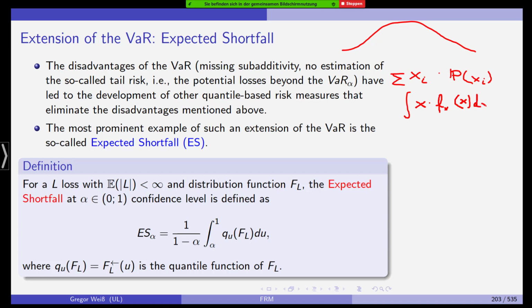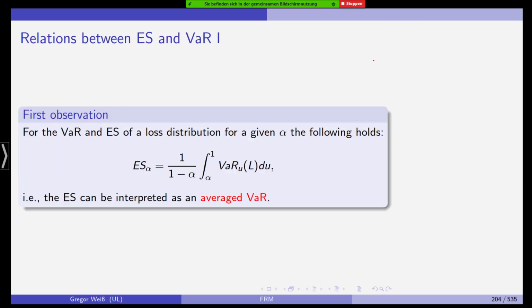And actually the same happens here. You can see that this is some sort of a weighted integral over some function values, q. You know that the quantiles are all here, and as you can see, we are going from alpha to 1. So it's actually the expected value of those quantiles that lie beyond value at risk. In other words, it's sort of an averaged value at risk.